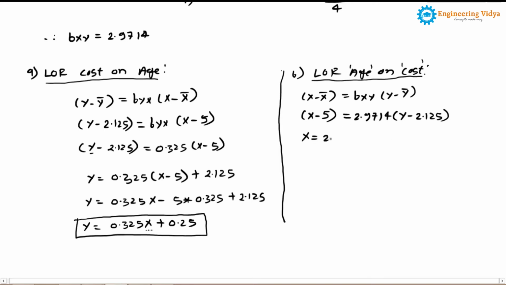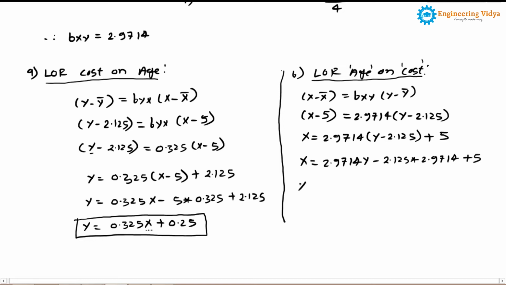So x minus 5 equals 2.9714 multiplied by y minus 2.125. After the multiplication, 2.9714 into y minus 2.125 into 2.9714, and at last we have 5.